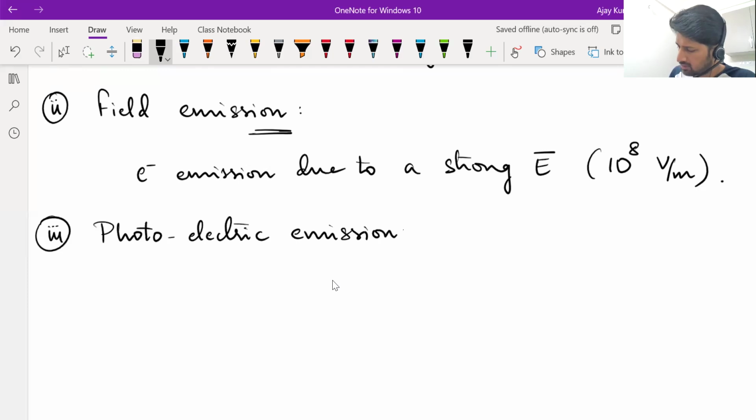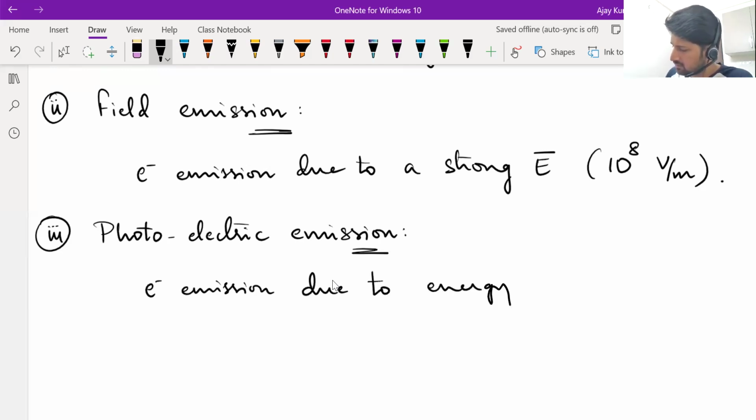Photo referring to light or radiation. So when an electron receives that energy from radiation, it can escape from the metal surface. So this is basically electron emission due to energy from radiation incident on it.